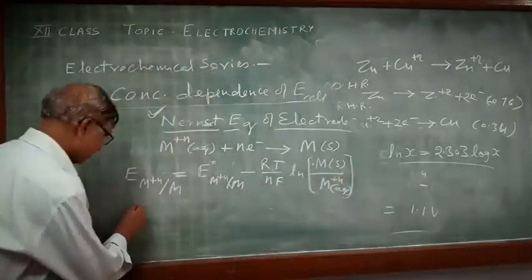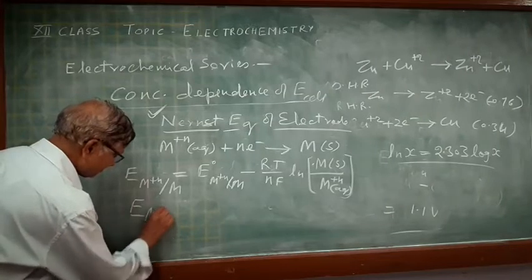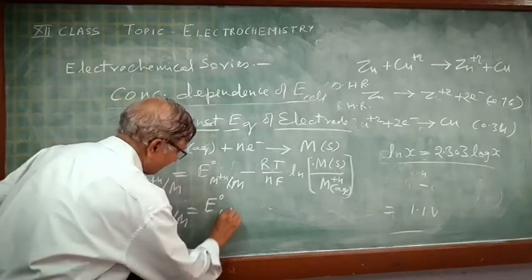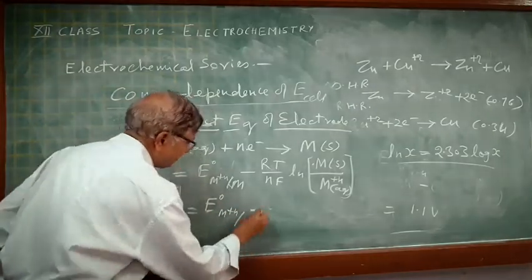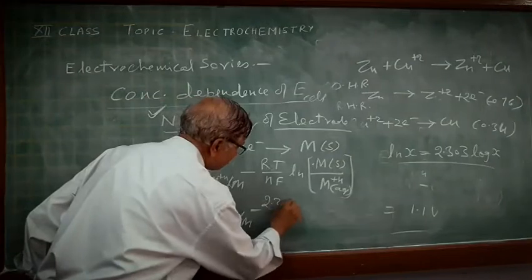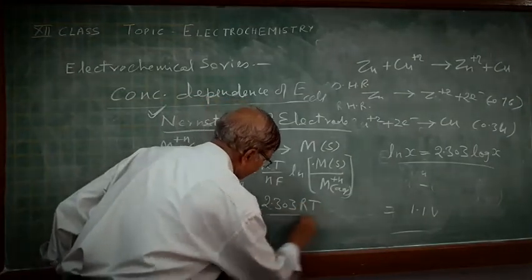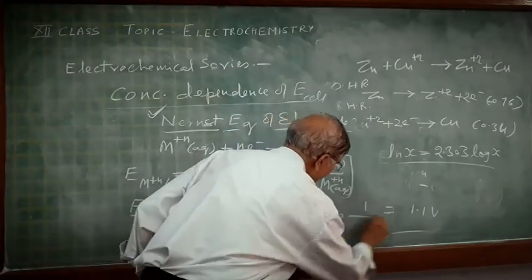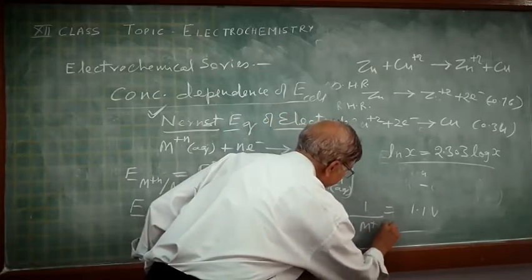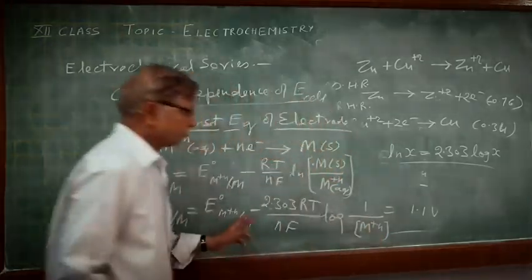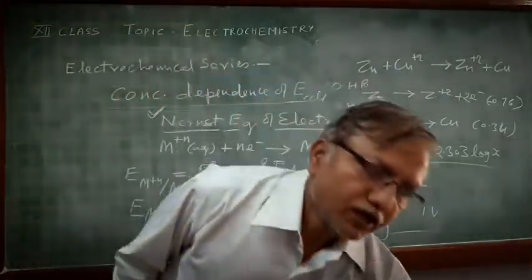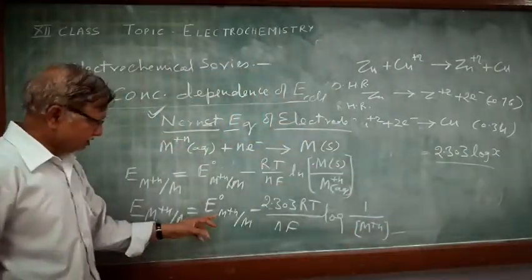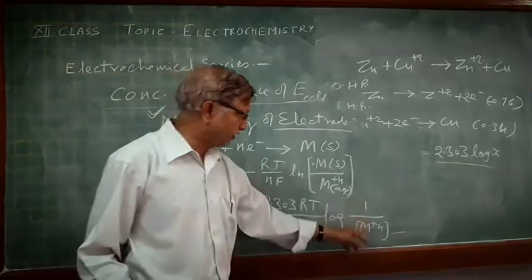So now what is the new equation? E of M^n+ to M equals E0 of M^n+ to M minus 2.303 RT upon nF log 1 upon metal ion concentration. So this is the Nernst equation for electrode reaction. Here we have 1 upon M ion concentration.